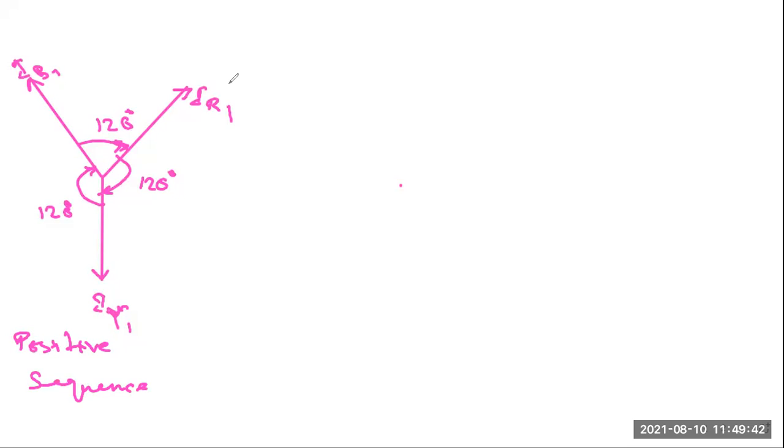Now we'll do the negative sequence. For the negative sequence, the rotation sequence will be reversed. Here, this is your IR2, the negative sequence component of current. Now the phasor rotation will be in the anti-clockwise direction.